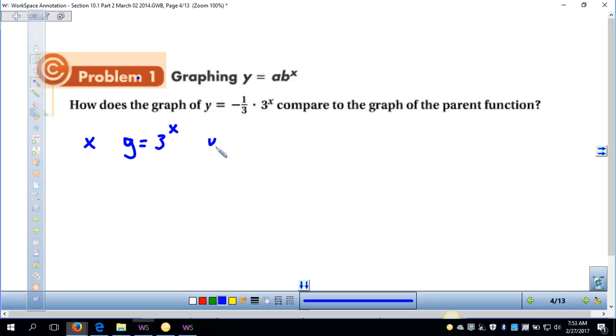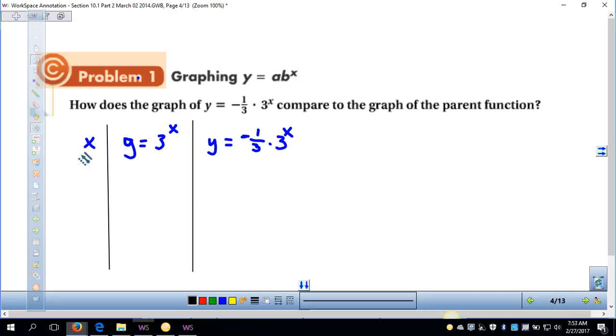And then we're going to do y equals -1/3 times 3 to the x. Make your table, please, in your notes and sketch your graph. I want to see the 3 to the x graph and the -1/3 times 3 to the x. I'll do the same up here as best I can. And we'll do that same -2, -1, 0, 1, and 2.